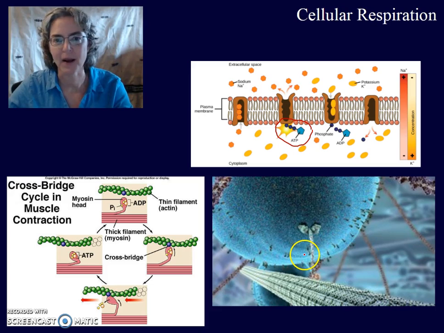Another thing that's needed in the cell to do work, these motor proteins. So the proteins use ATP to change their shape so that they actually walk along the cytoskeleton inside the cell.